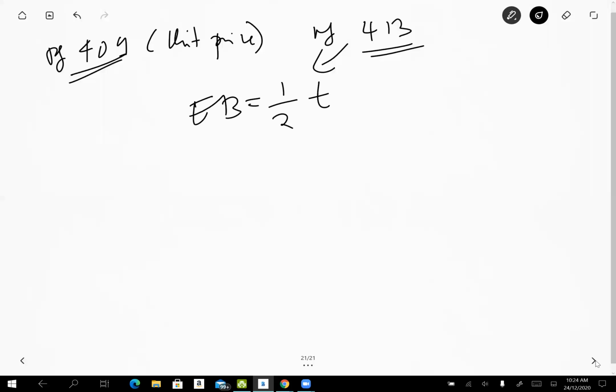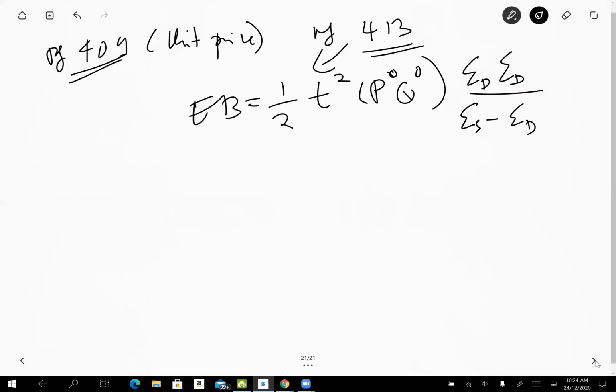But now you have T squared multiplied by P0, Q0. And then you have the elasticity of supply multiplied by the elasticity of demand, divided by the elasticity of supply minus the elasticity of demand. So it's not as simple. Don't worry about this. If there is anything you want to calculate, we use the simple formula.